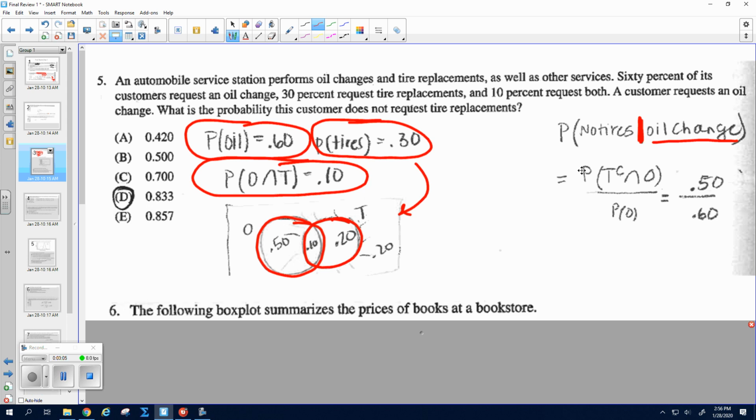What's the probability of no tires and an oil change divided by the probability of an oil change? For this part, you want to look at your Venn diagram. No tires, so I want to be outside of the tires circle, but I do want to be inside the oil change circle. So that's the 50% that I just covered over. Divided by the probability of an oil change, which is this entire thing, so 60%, gives us D.